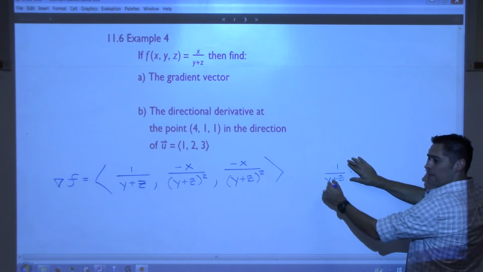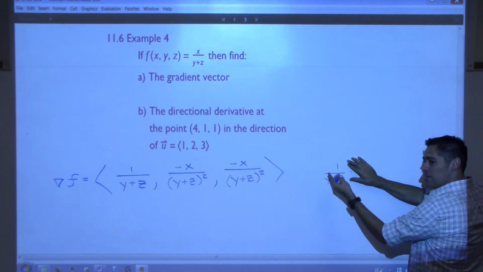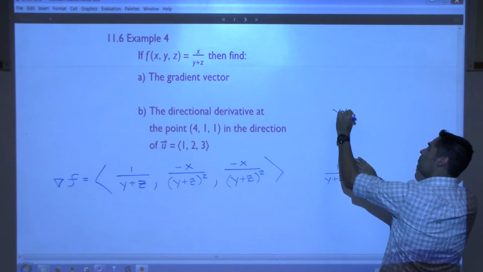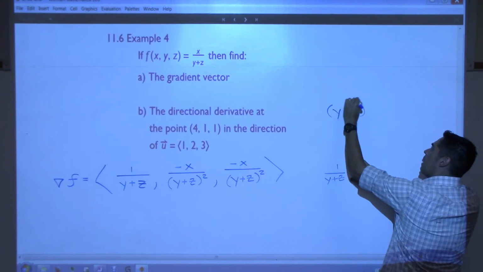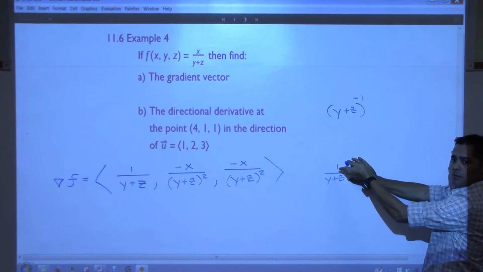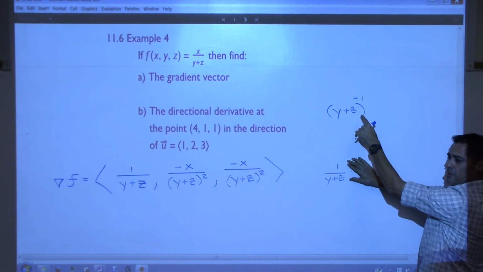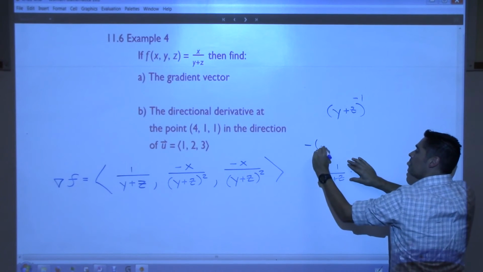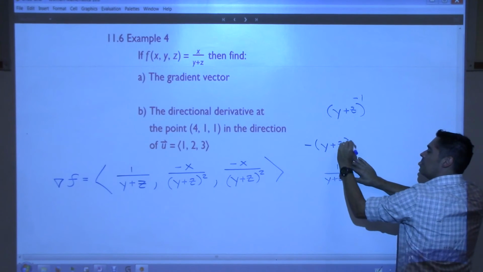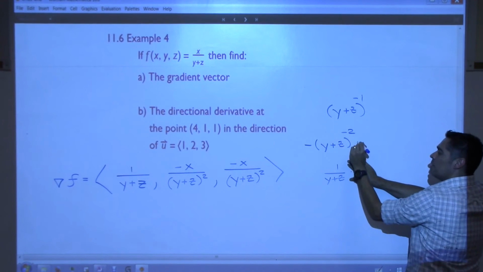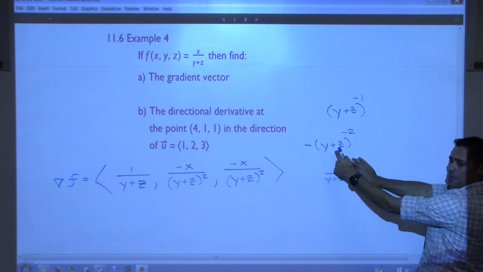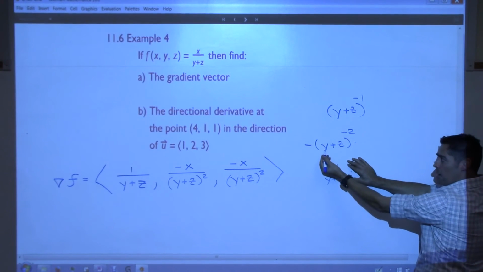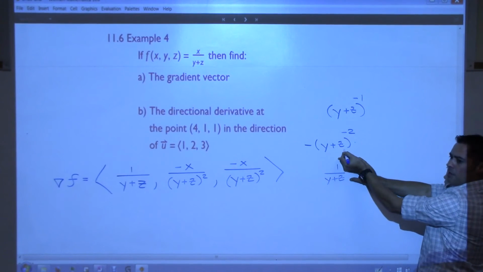But to do the derivative of this, because y appears in the denominator, you probably should move the y plus z up to the numerator, and then take the derivative of this, which is chain rule. So negative 1 comes out, y plus z to the negative 2 times the derivative of what's inside with respect to y, which is 1 plus 0, because z is a constant.